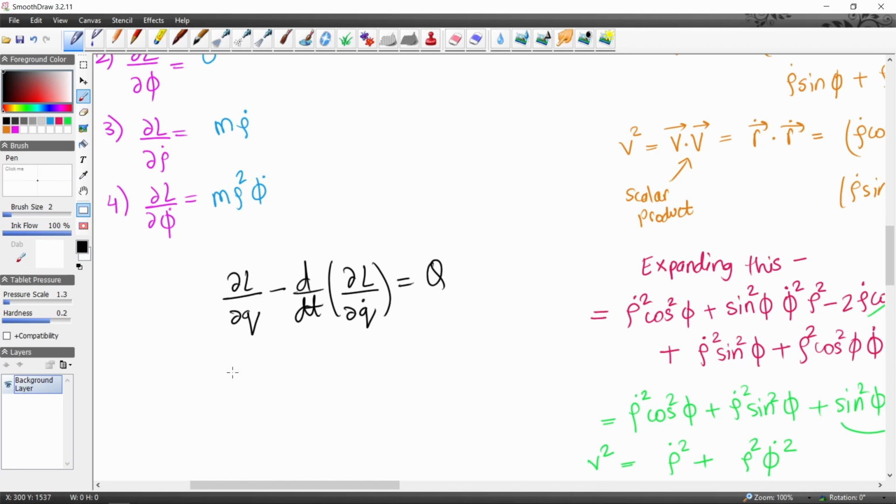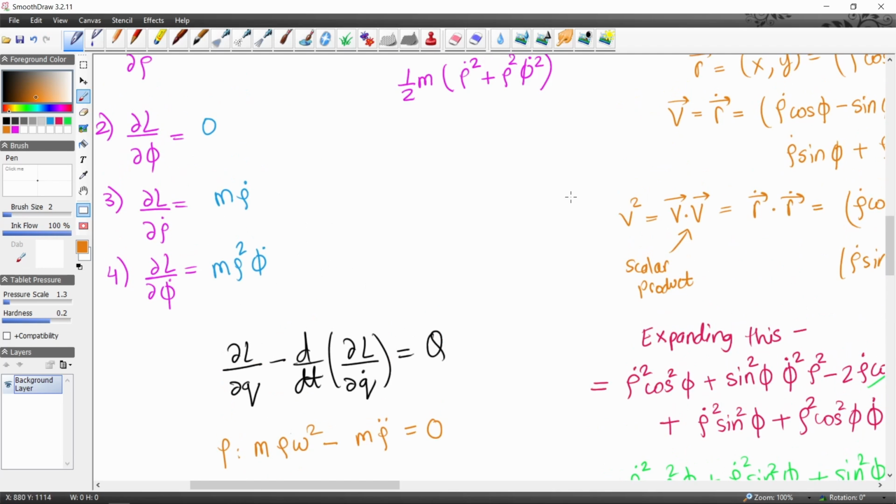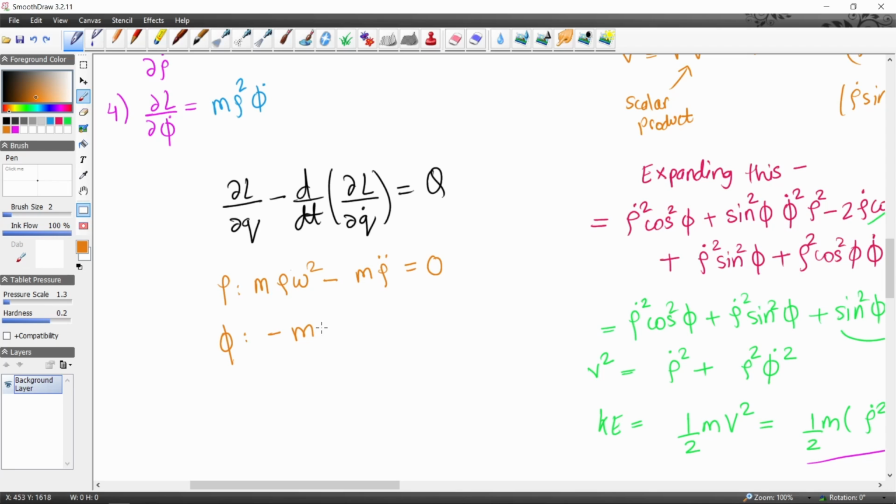So for the coordinate rho, we have the following Lagrangian form: m rho omega square minus m rho double dot is equal to 0. Now for coordinate phi, we can see that the result of substitution gives us minus m rho square phi double dot, which is equal to 0, and which follows that phi double dot is equal to 0.